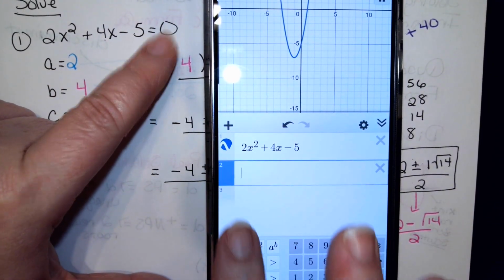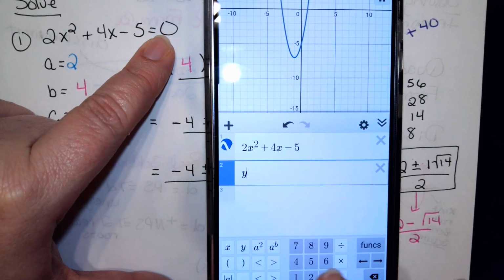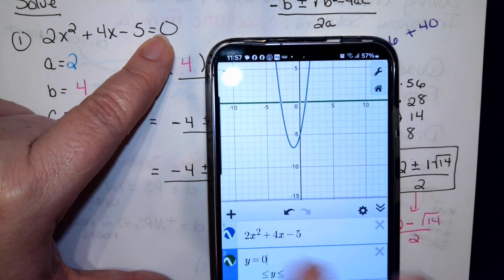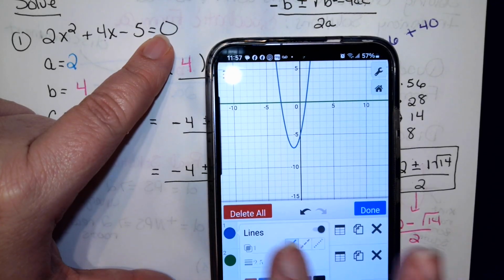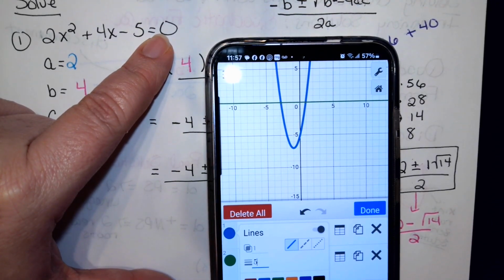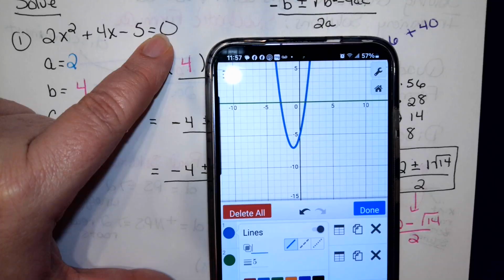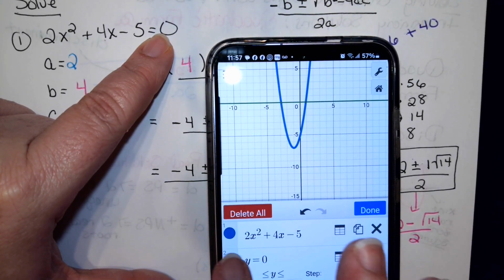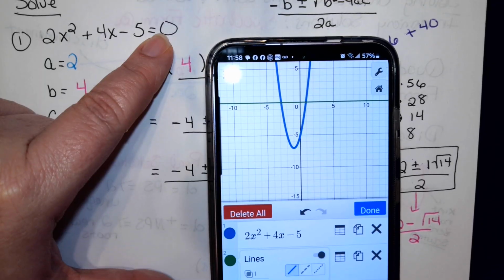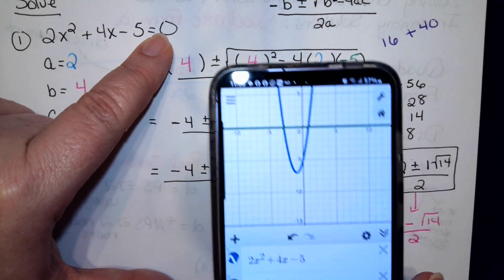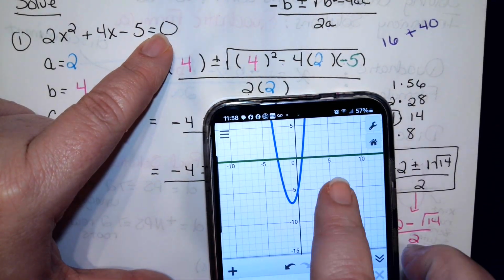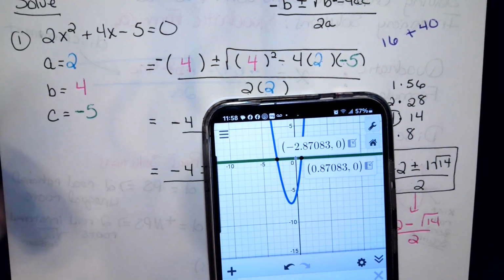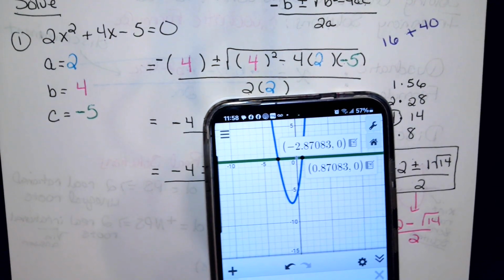Since that has no variable, we're going to say y equals 0. I'm going to make these a little thicker so that we can see them better. I can see that they intersect at the x-axis, and notice they're decimals.